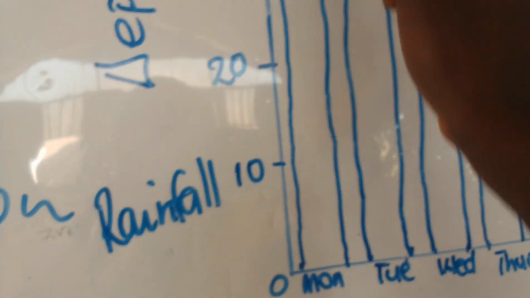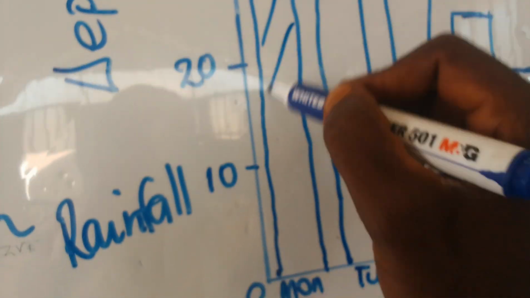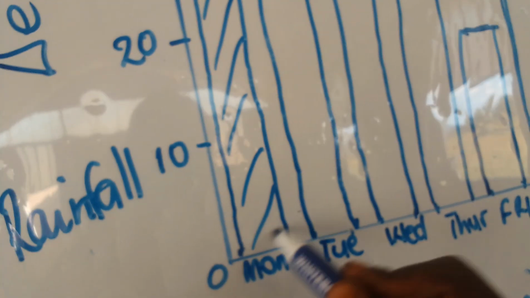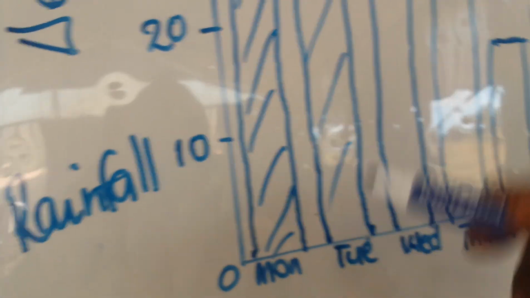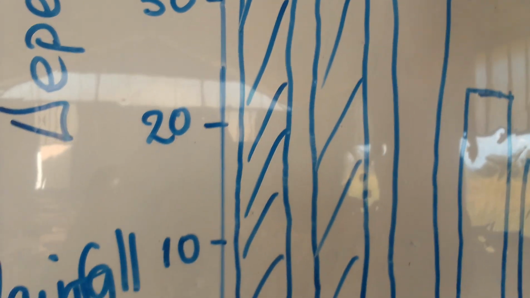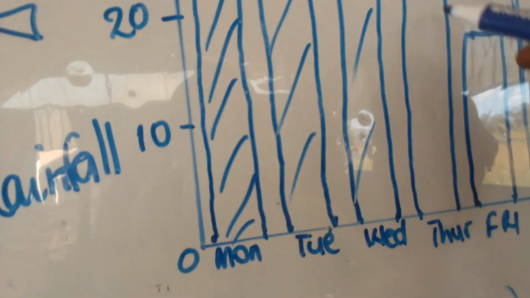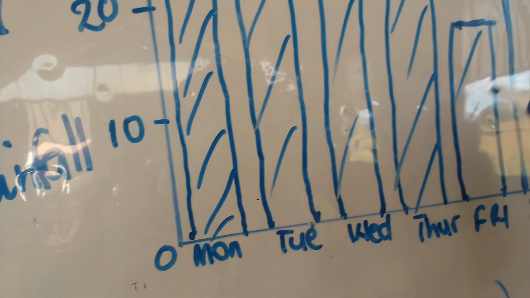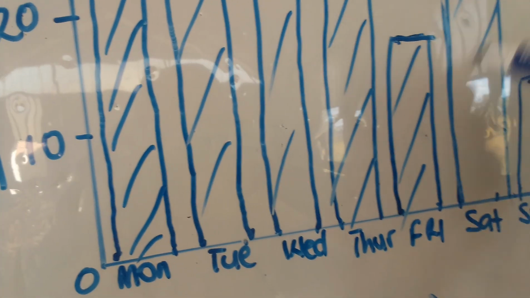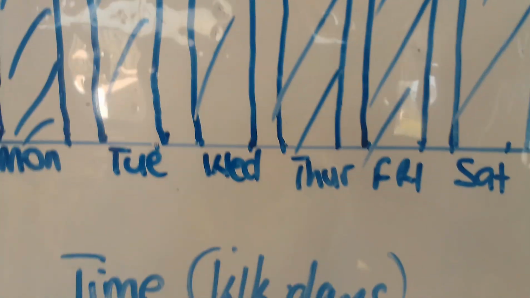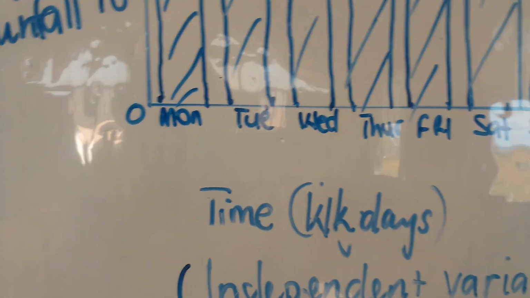And like I said, you provide a shade. This is what I'm doing now. I'm providing a shade for my graph. Then for the title, we said it should have a title.